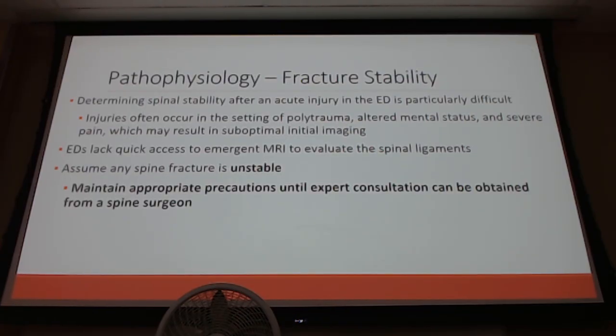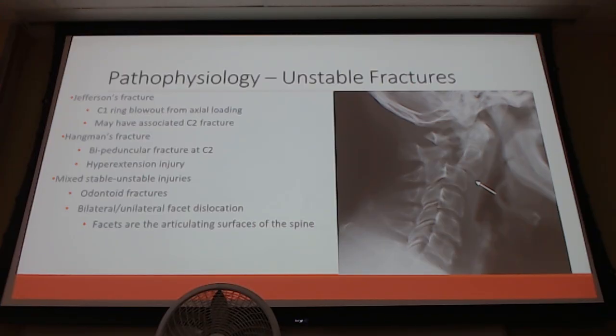So we want to make sure we evaluate on CT and then determine whether it's stable or unstable. If there's any question, we consider it unstable and we consult the spine surgeon. Depending on where you're at, either ortho spine or neurosurgery will evaluate these. They rotate all the time, so it's very complicated to figure out who's actually on call that day of the week. And then here's our unstable fracture.